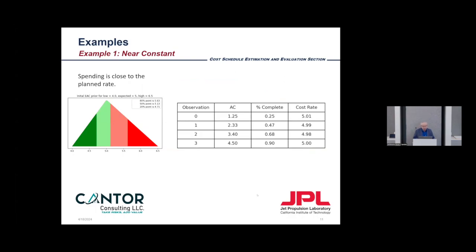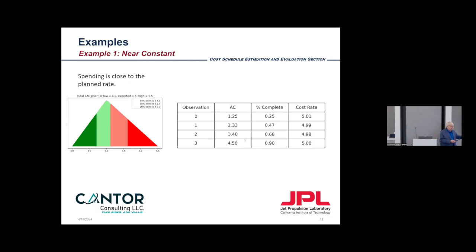So what you have when you get data is how much you spent and your percent complete, and by taking the quotient of the two, you get essentially your cost rate: how much are you spending as a function of the percent completed? What you want to know is how that cost rate is evolving as the project continues, and we're going to use Bayesian analysis.